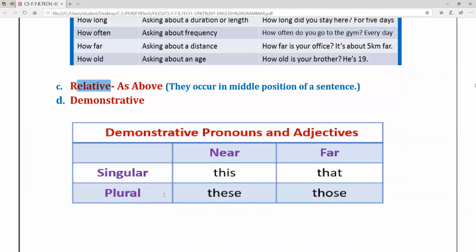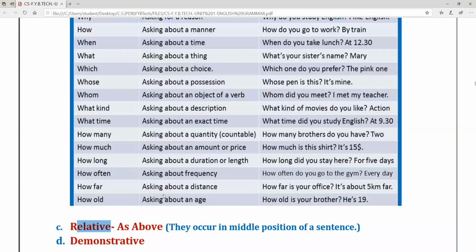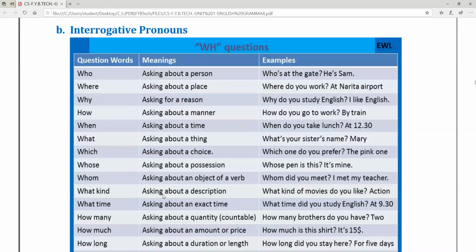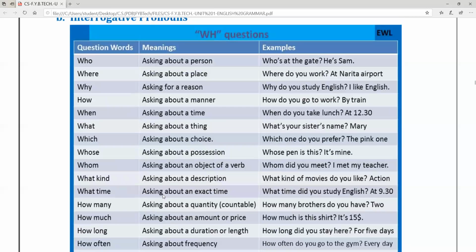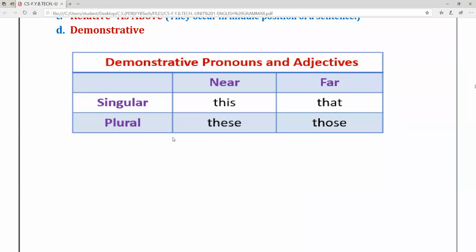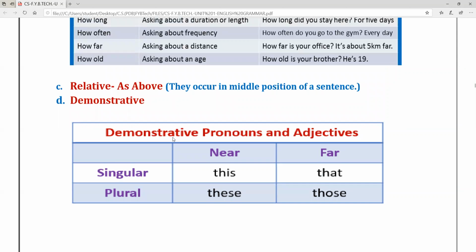So this is the difference between interrogative pronoun and relative pronoun. Interrogative pronouns generally come at the initial position of a sentence, and in the middle position we use relative pronouns.